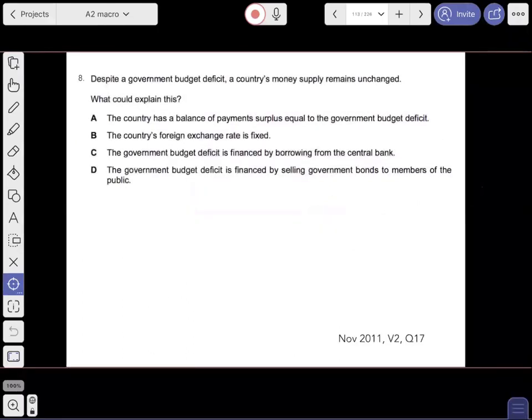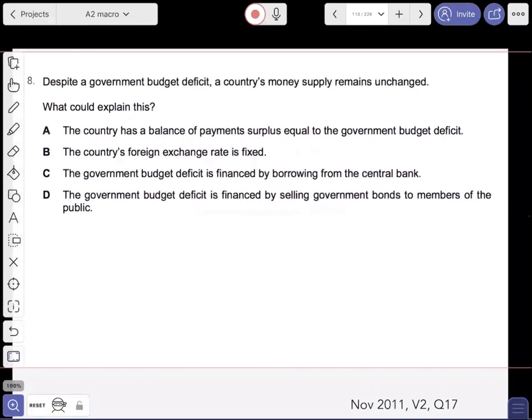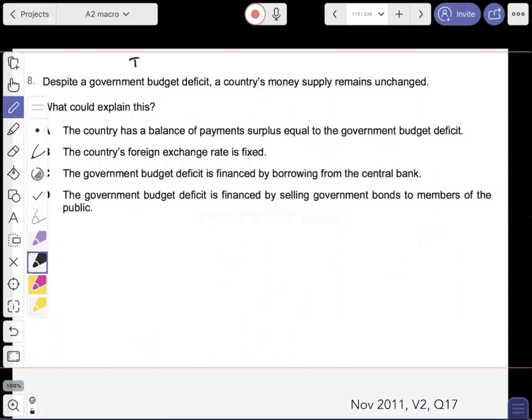Despite a government budget deficit, a country's... budget deficit means T minus G is less than zero. You have a budget deficit, you will finance it through the private sector or you can finance it through the banking sector.